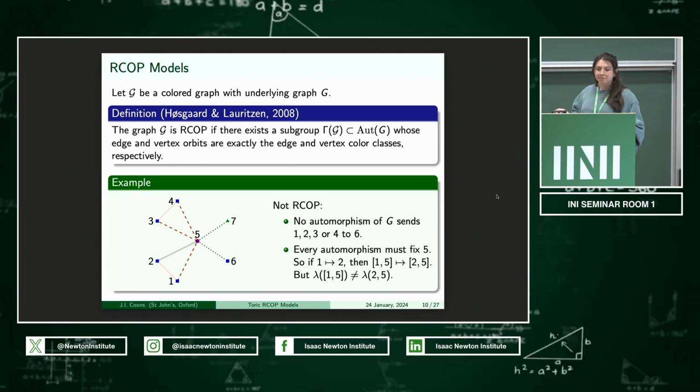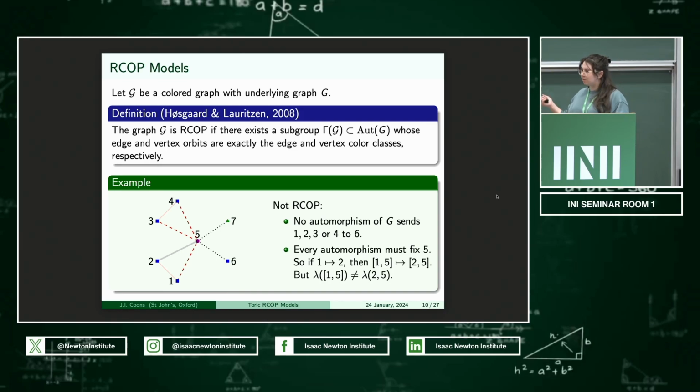Sorry, what does it mean if there's no edges? Then I guess it's any subgroup of the symmetric group. This also includes the case where everything is its own color.